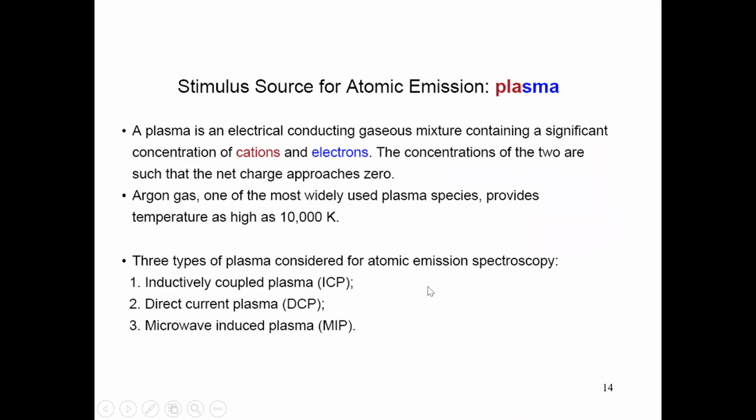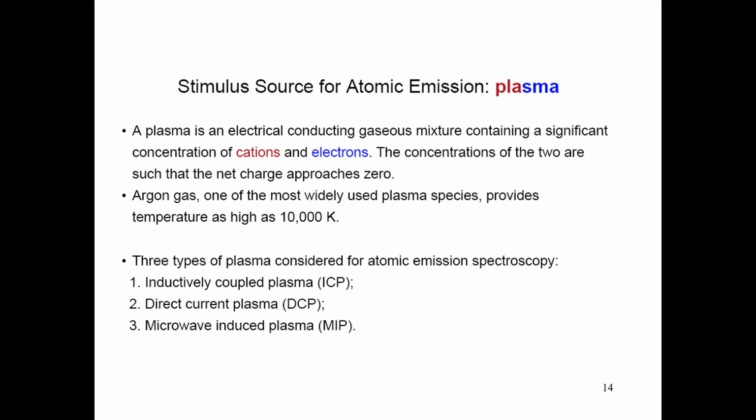So the stimulus for atomic emission is a plasma. A plasma is an electrically conducting gaseous mixture containing a significant concentration of what?